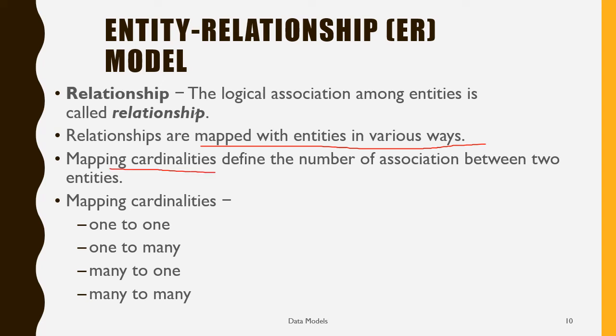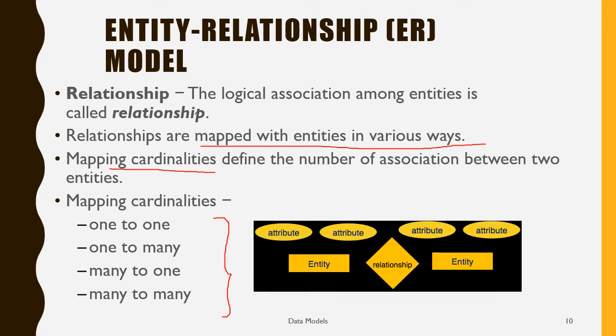Mapping cardinalities can be either one-to-one, one-to-many, many-to-one, or many-to-many. In case of one-to-one, both sides, one entity is associated to one other entity. In case of one-to-many, one entity is associated to many other entities, and so on.